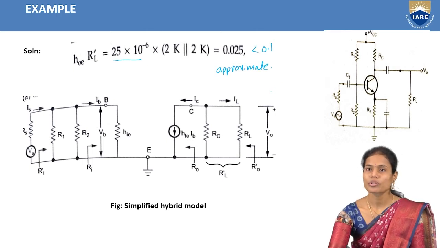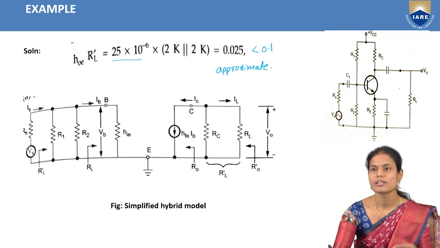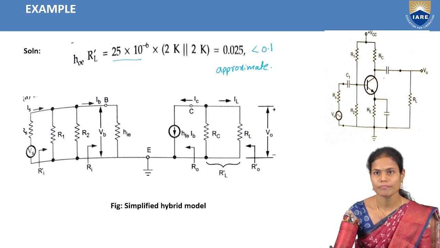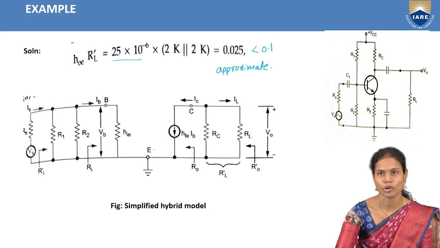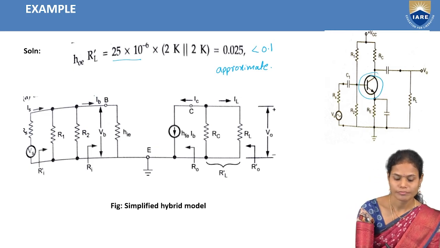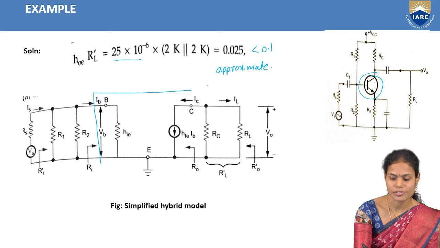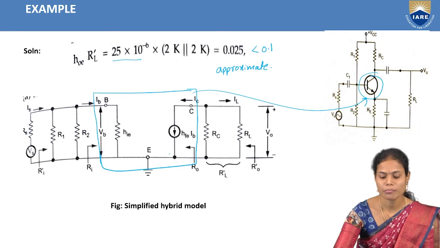Okay. So to draw the approximate model for the given circuit, I am considering the same given circuit in the problem, and we are drawing the simplified hybrid model. For the transistor, the hybrid model is this one.